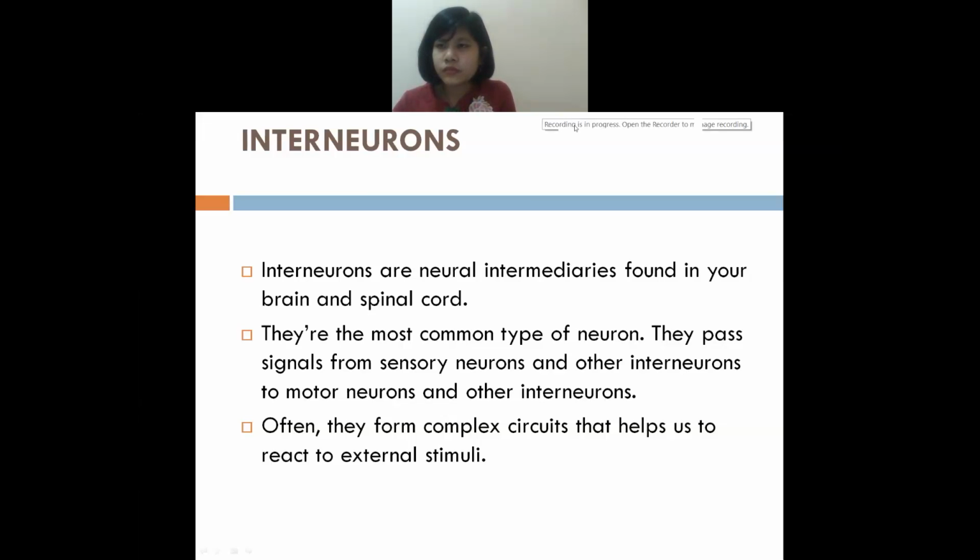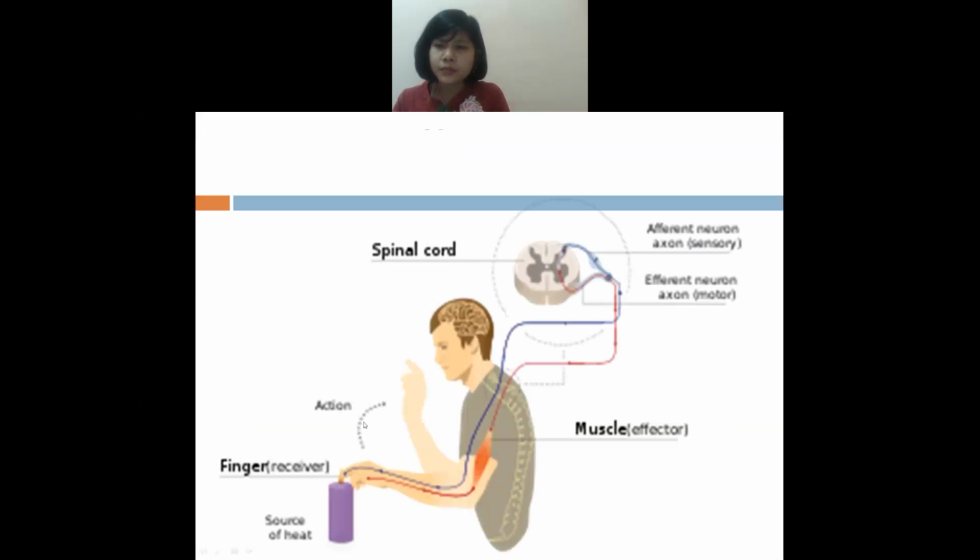And they help in what? They help you in reacting to external stimuli. External stimuli like what? Say for example, if something is happening outside your body, they will help you to react in that situation.